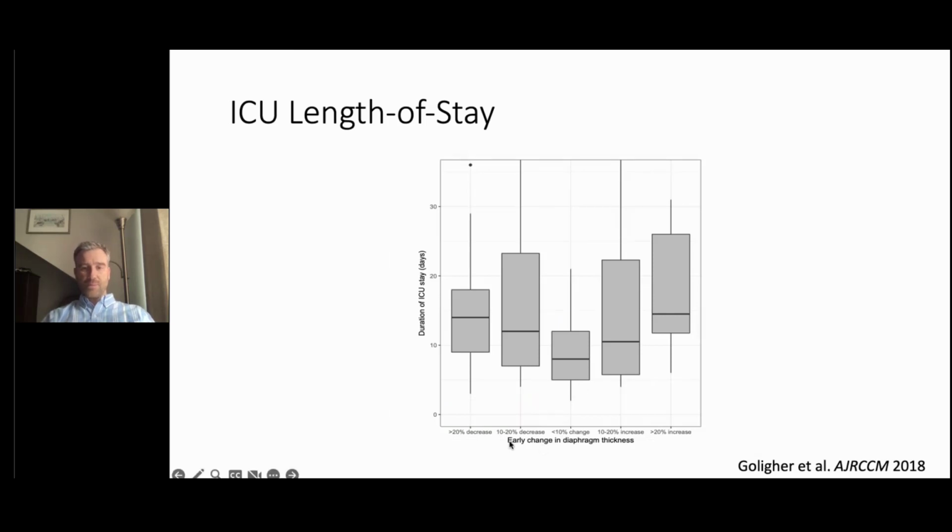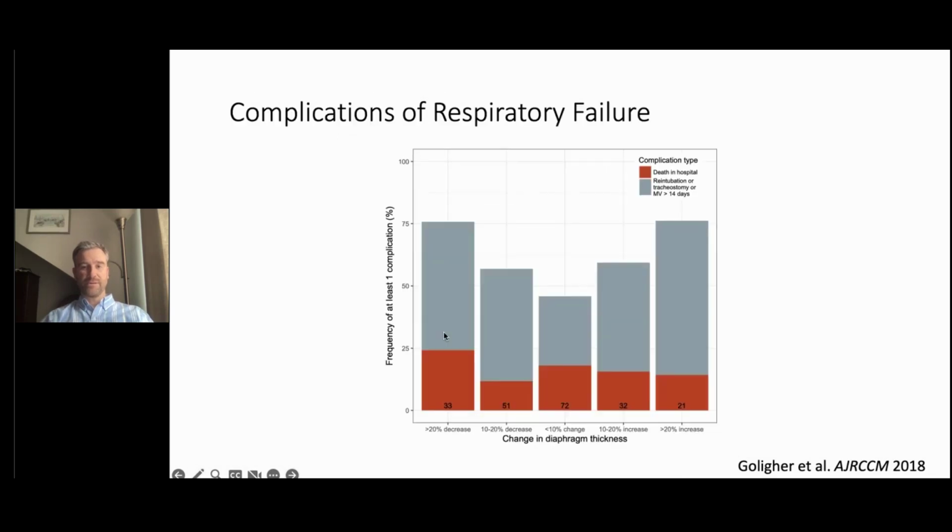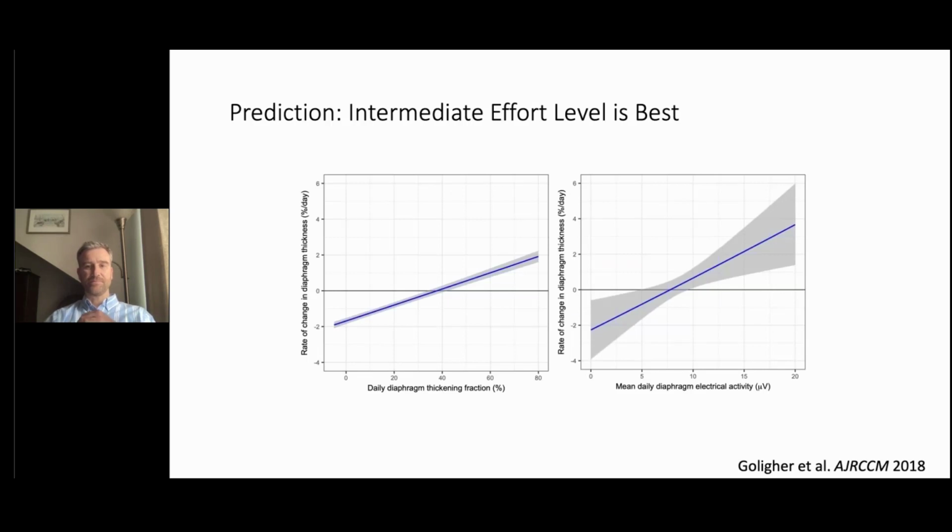Similarly, both decreases and increases in thickness relative to baseline were associated with more prolonged ICU stay and a higher rate of at least one complication of respiratory failure, where the complications here is a composite of death, reintubation, tracheostomy, or prolonged mechanical ventilation. And so, this highlights the fact that these patients are at considerable risk of a worse outcome if they develop these deleterious changes in diaphragm thickness.